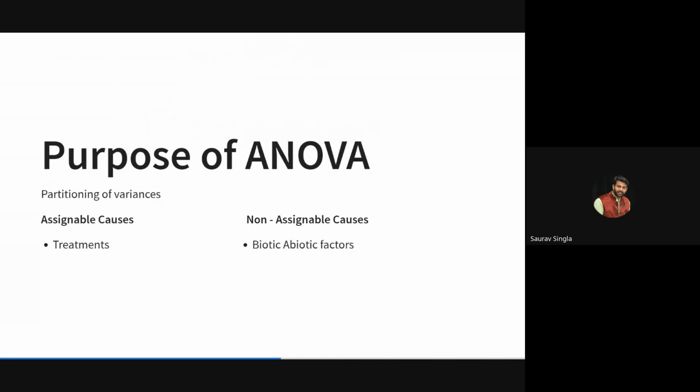So now automatically there will be a difference in mean, but that difference in mean is not coming due to the variety. That difference in mean is coming only due to the difference in the soil fertility or the conditions prevailing in the plot, not due to the variety.